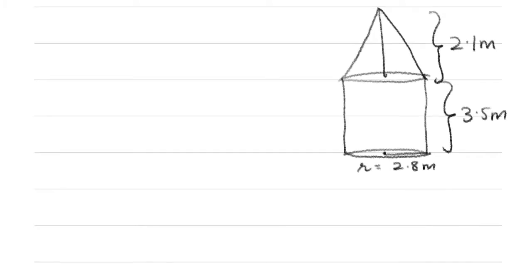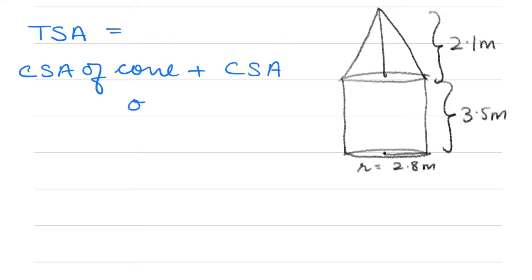To find the area of the canvas used here, we have to find the total surface area of this tent. So this is equal to curved surface area of cone plus curved surface area of cylinder.